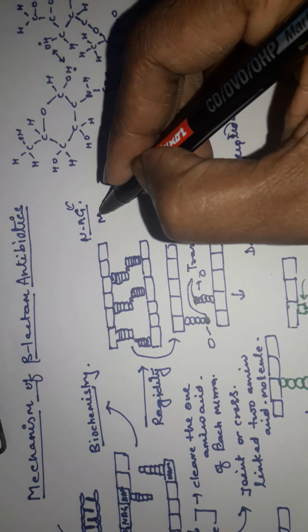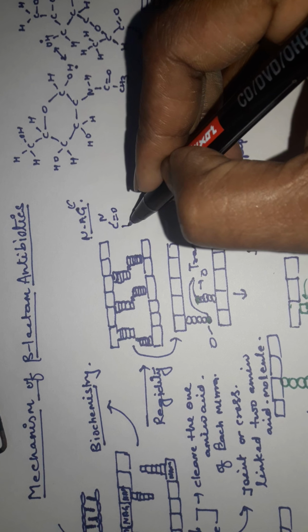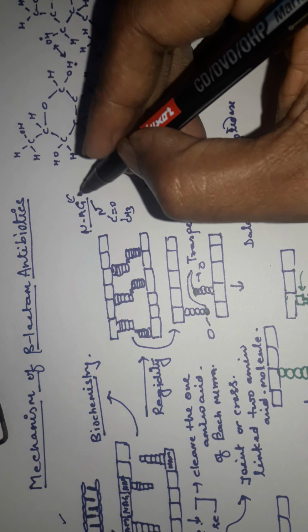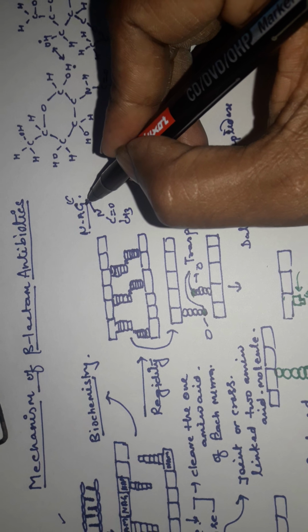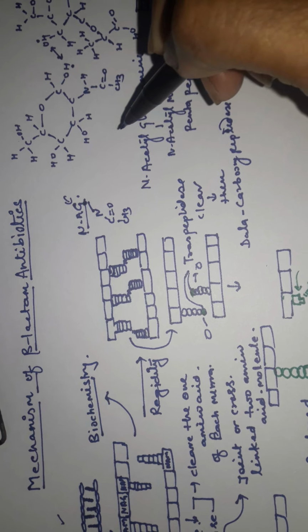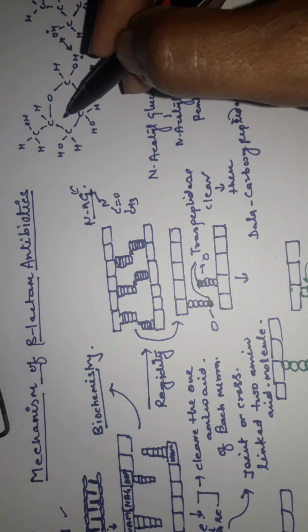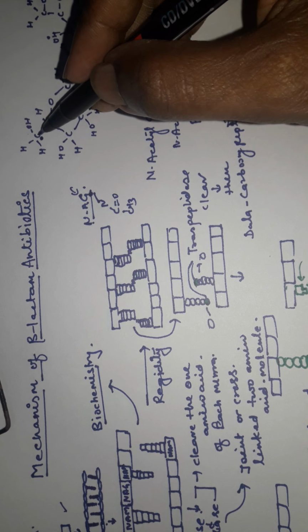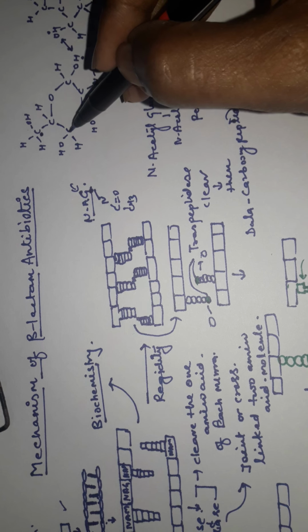The N-acetyl moiety is attached to glucosamine. This is the structure of a 5 carbon sugar, with CH2OH, a primary alcohol, and H and OH.